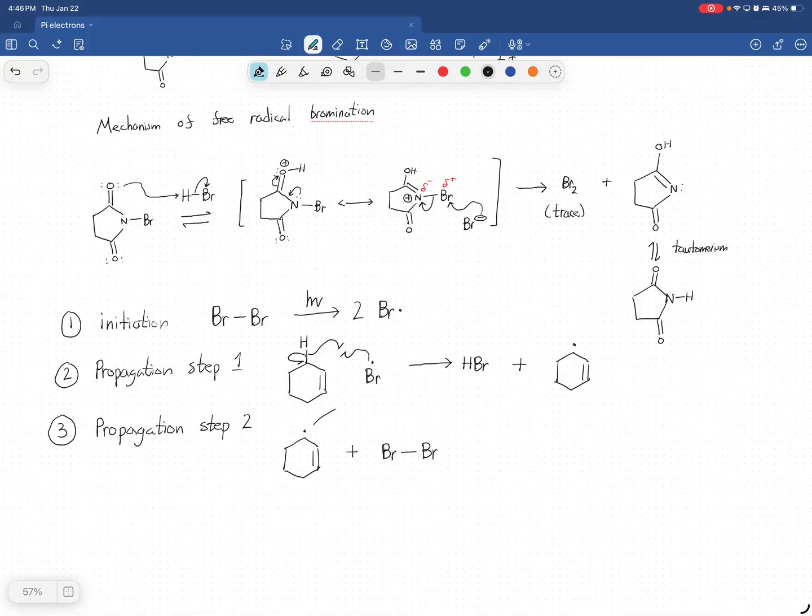Okay, so the radical here, we will regenerate Br radical. And yeah, we can't actually attack HBr because we're not grabbing a hydrogen. It'll just go backwards. We want to grab a bromine. So it's going to be grabbing from the Br2.